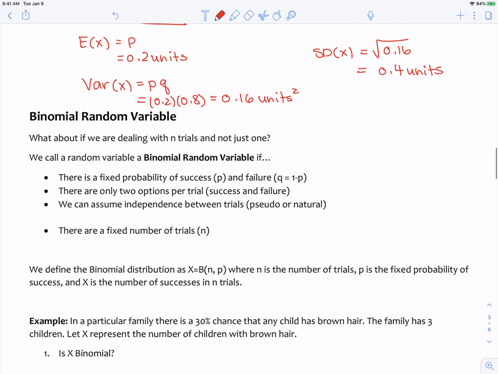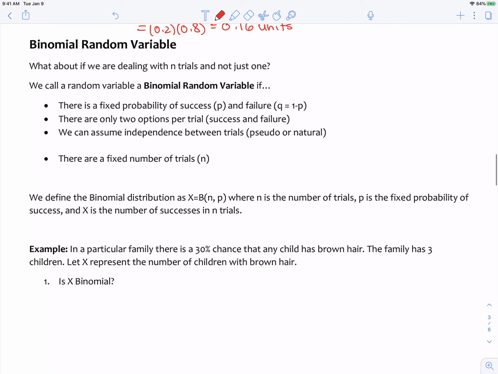All right, so the binomial random variable is just an extension of this. Instead of just looking at a single case, we're going to look at multiple trials, or n being greater than 1. So we call a random variable a binomial random variable if there's still this fixed probability of success and a fixed probability of failure, so P and Q. We still need to have two options per trial, a success and failure option, and we can still assume independence between trials, either pseudo or natural independence.